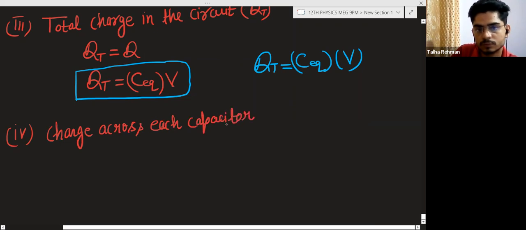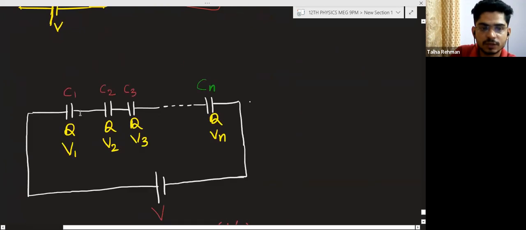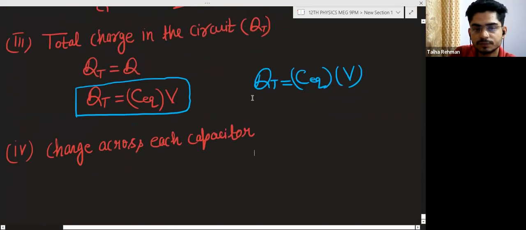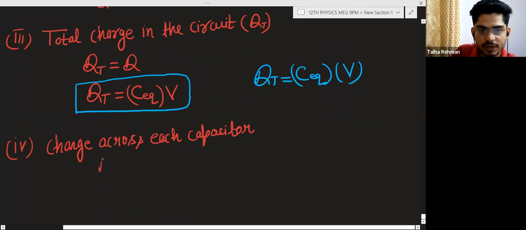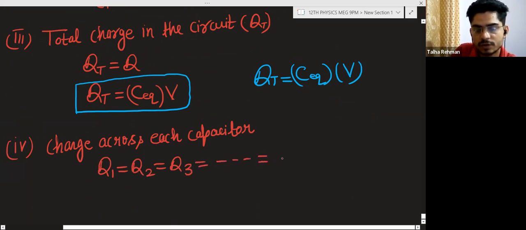So charge across each capacitor means Q1, Q2, Q3, Q4, and all the charges are the same here. Q1 is equal to Q, Q2 is equal to Q. So you can write Q1 is equal to Q2 is equal to Q3, and so on, is equal to Q.